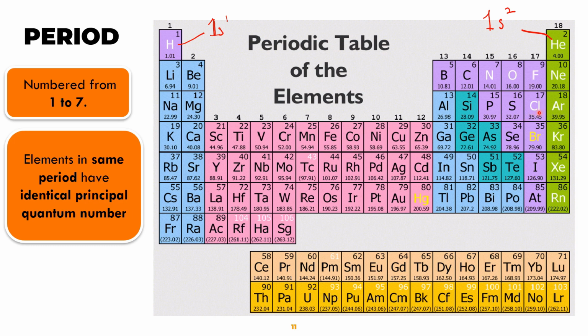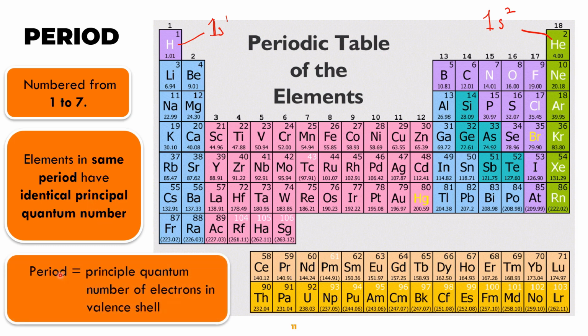By looking at the electronic configuration, you can refer to their valence shell, and they should have the same value of principal quantum number n in their valence shell. So that shows that they are located in the same period. Elements in the same period will have the same principal quantum number at their valence shell.